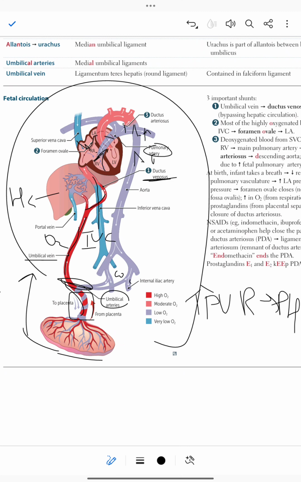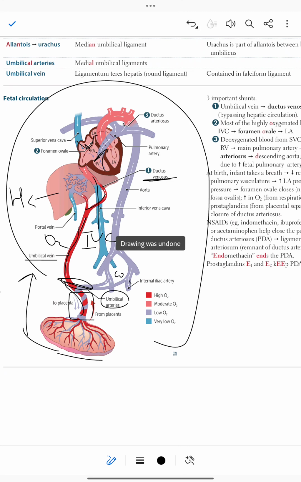So we have a third shunt. Third shunt is ductus arteriosus. Ductus arteriosus here, located between pulmonary trunk and aorta. Blood goes from high pressure to lower pressure.